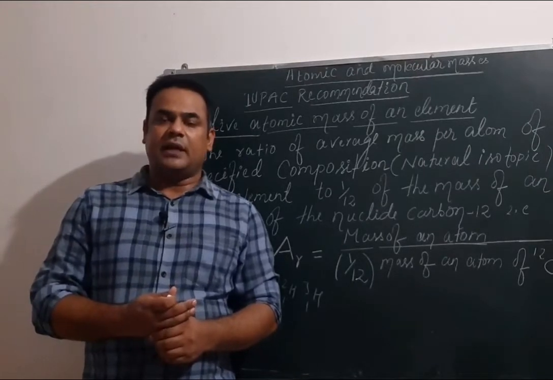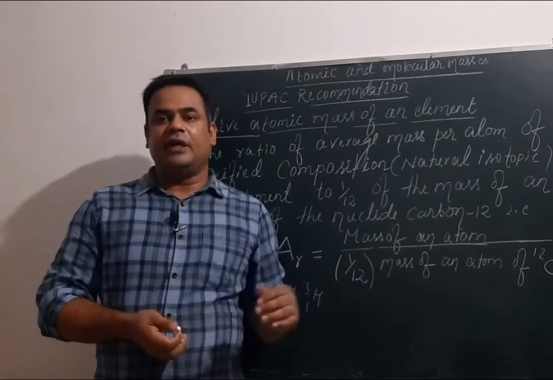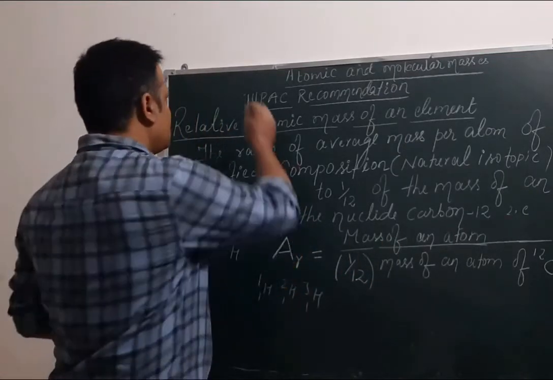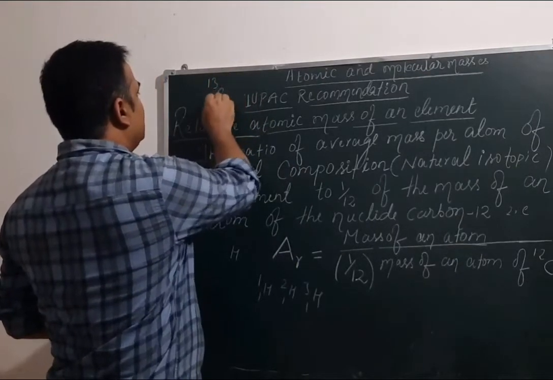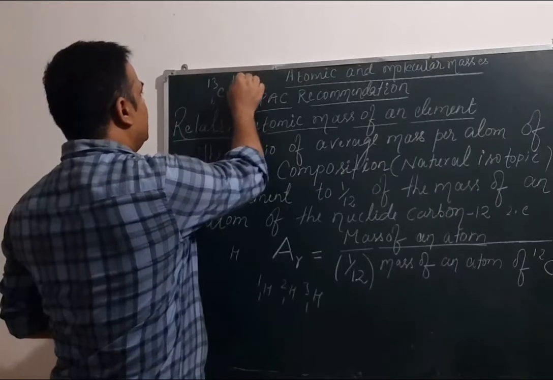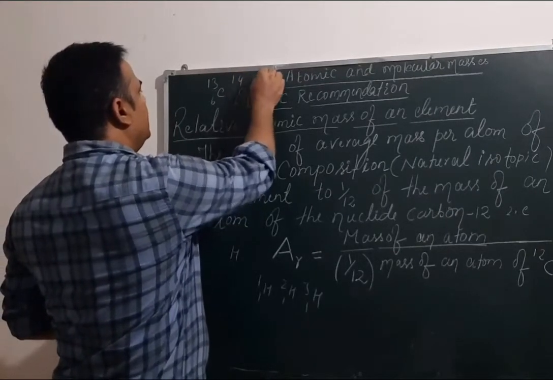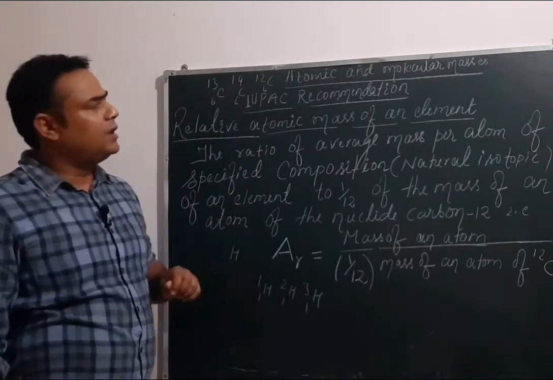So while determining the atomic mass of any element, we cannot say the atomic mass exactly. For example, carbon exists as three isotopes: C12, C13 and C14.